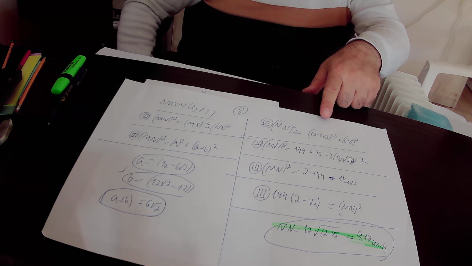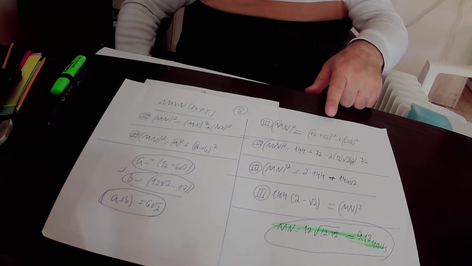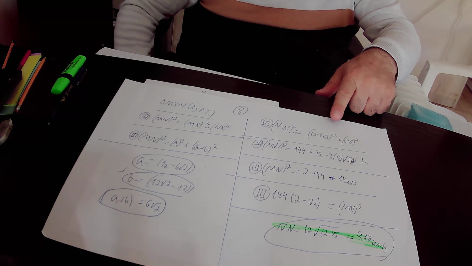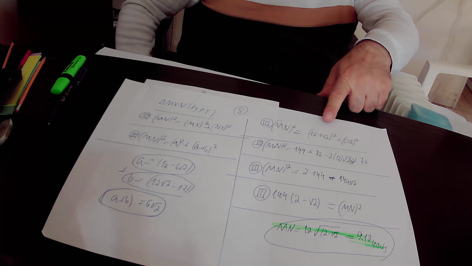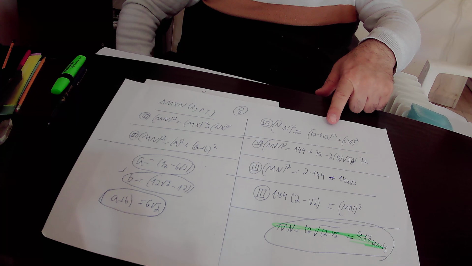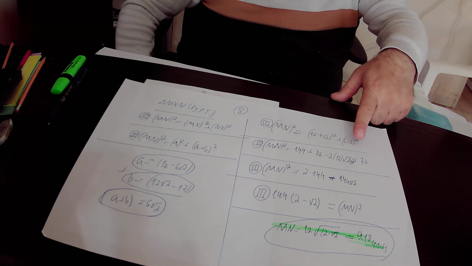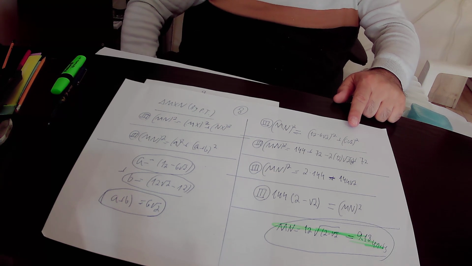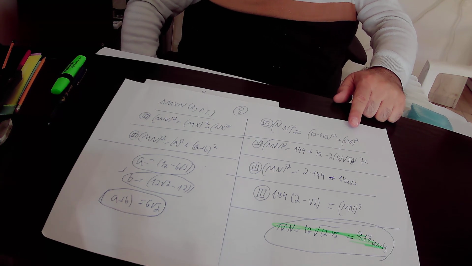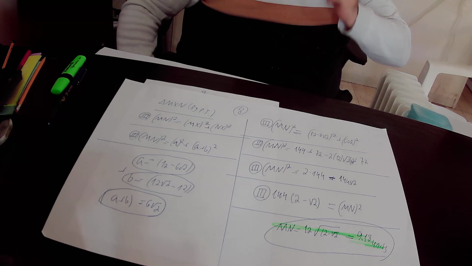Why? Because 6 square is 36 and square root of 2 square is 2, so 36 times 2 is 72. Minus 2 times 12 times 6 times square root of 2, plus (6 times square root of 2) square, which is again 36 times 2, that is 72.